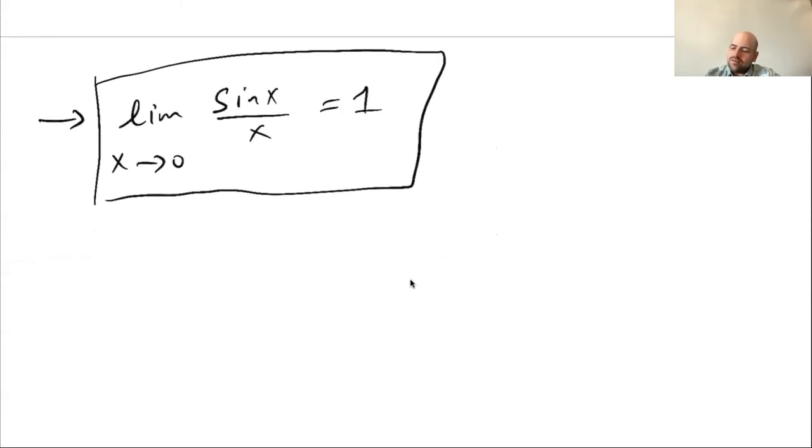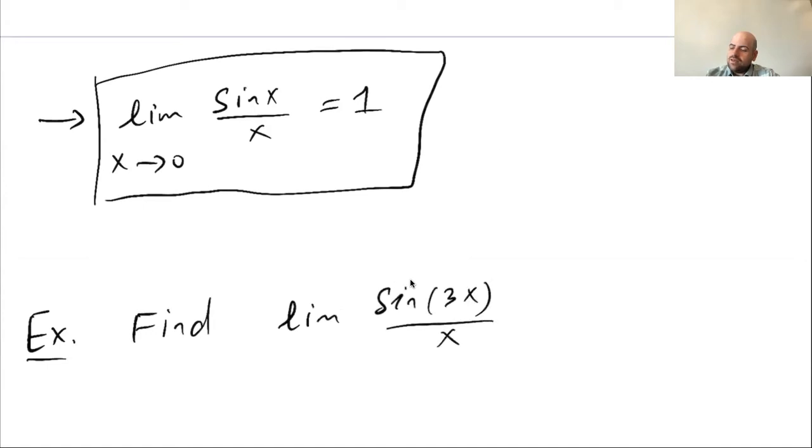All right, so let's look at an example. Find the limit of sine 3x over x as x approaches 0. So sine x over x, we know it's 1. Now I want to find the limit of sine 3x over x.